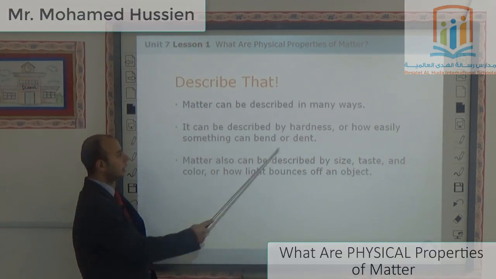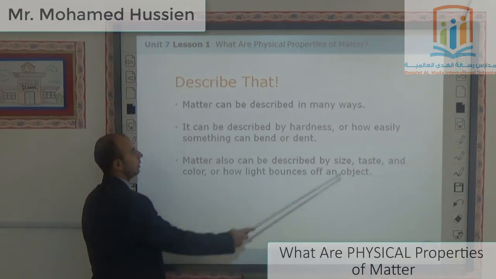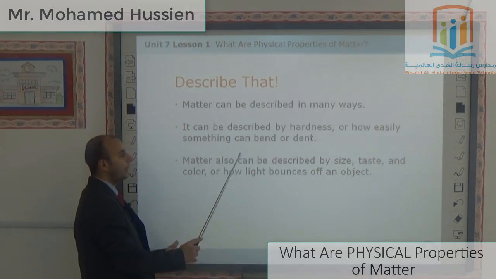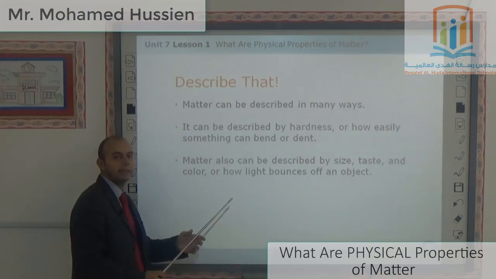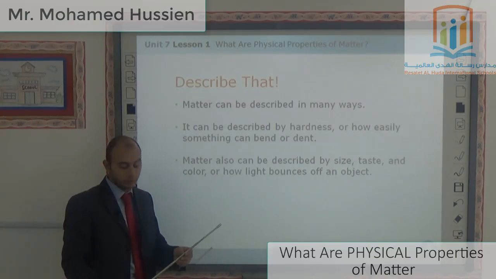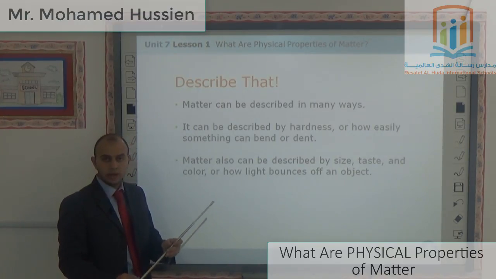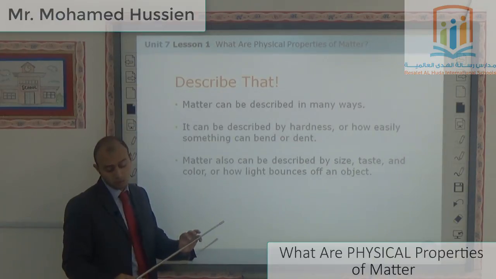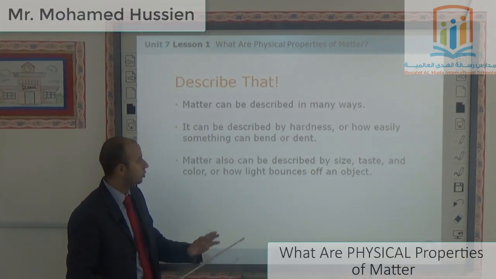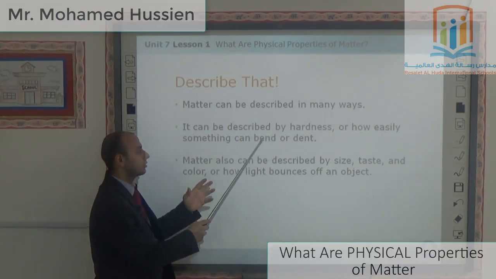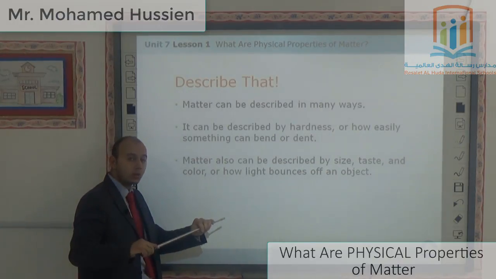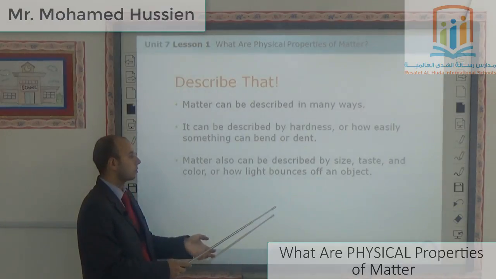Hardness of a substance, for example, how easily it bends or dents, or it's flexible, like some rulers may be flexible, you can bend it, or another one is broken if you bend it like this, the hard one. So it's hardness. It's flexible, it can be bent, or no, it's hard.